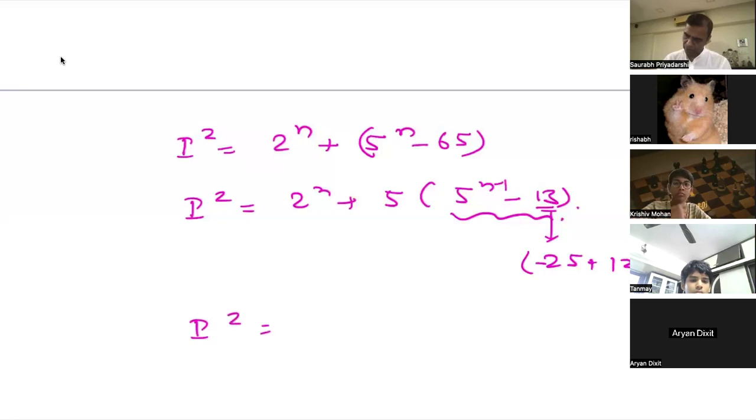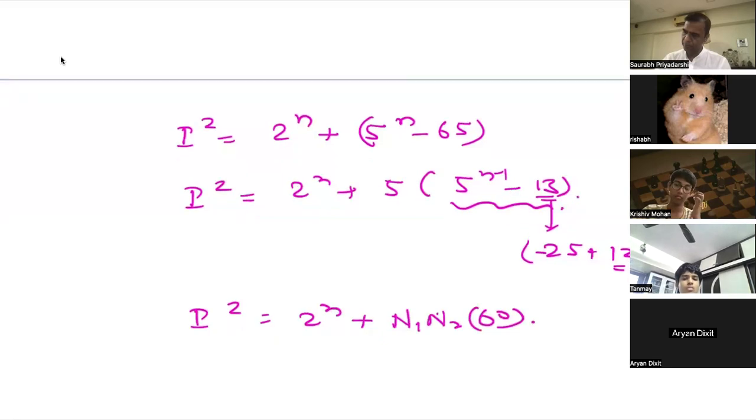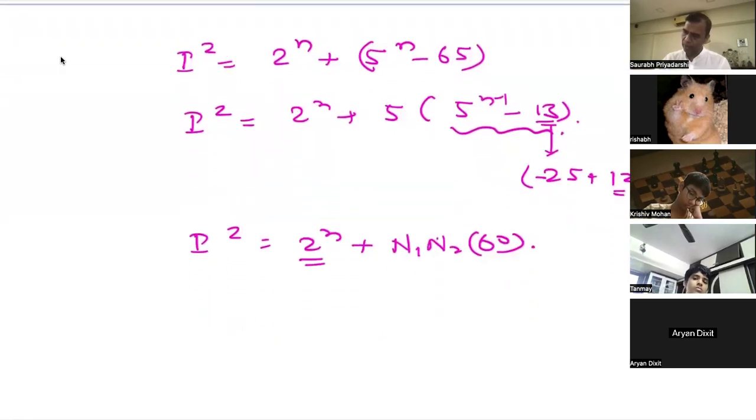So this I square is equal to 2 to the power n plus some n into the factor of this with 12 into 5. The factors of some numbers n1, n2 into 60. So 2 to the power n plus n1 into some 60 number is coming.